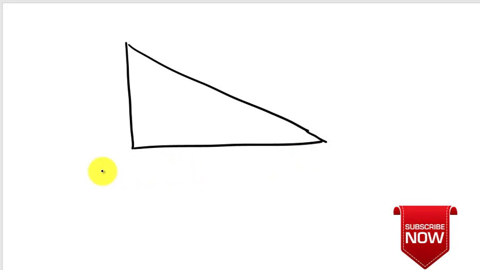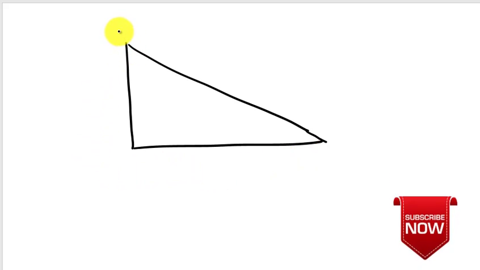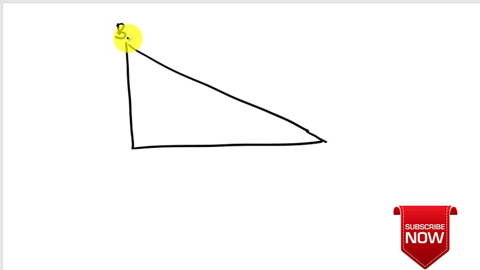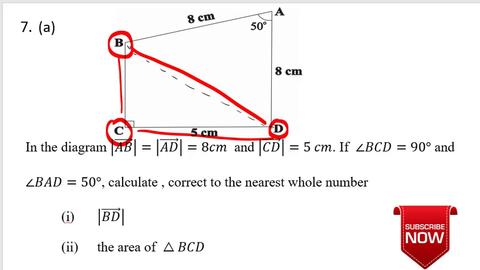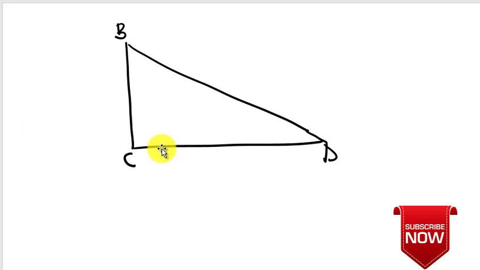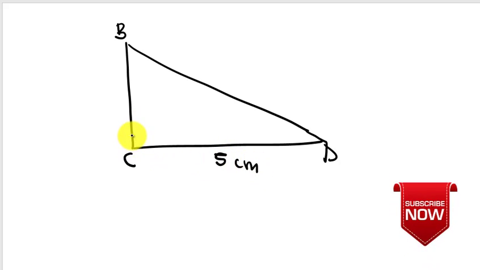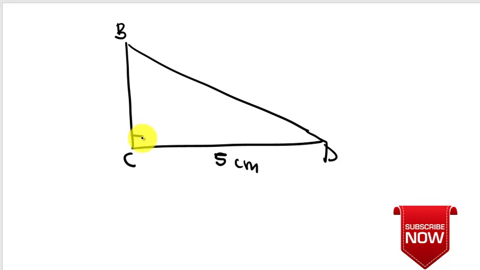Okay, so we have our B here, we have our C here, and we have our D also here. That is how the triangle looks. And we have this side, that is CD, equal to 5 cm, and the angle here is also equal to 90 degrees.